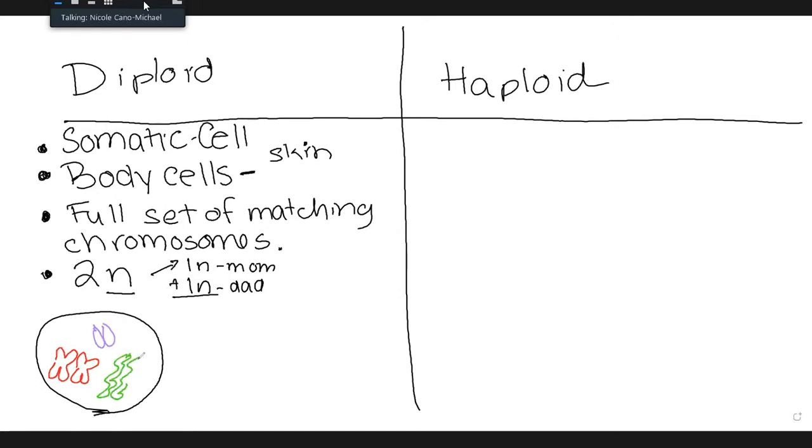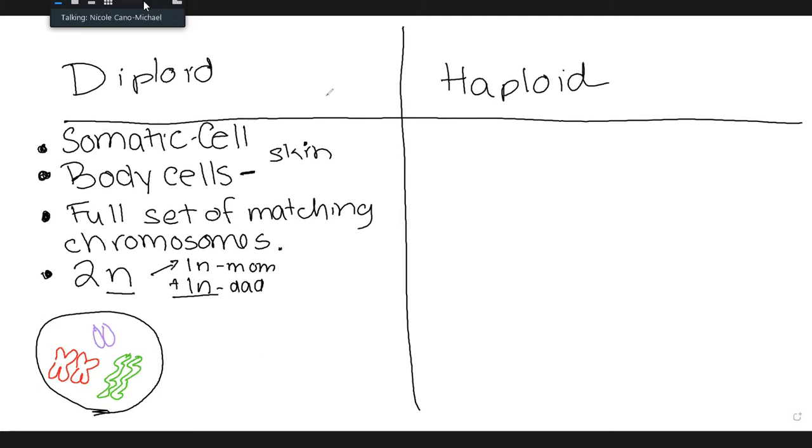And these are the cells with matching chromosomes, homologous chromosomes, a full set of matching chromosomes. These are our diploid cells. These are the ones that we find in our skin and in our muscles and in our stomach lining and anywhere in our body.